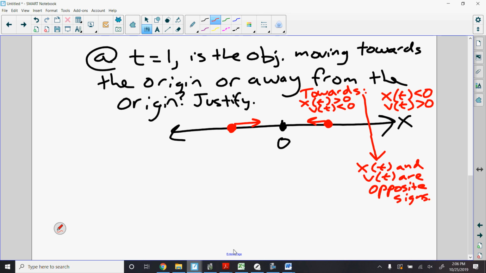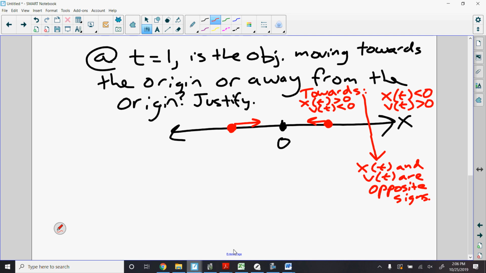Well, you could just memorize that factoid of information, or you can just reason your way through it, right? If I'm left of the origin, I have to be going right to be heading towards the origin. If I'm right of the origin, I must be moving left to go towards the origin.